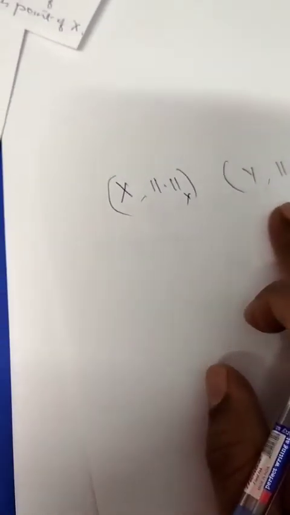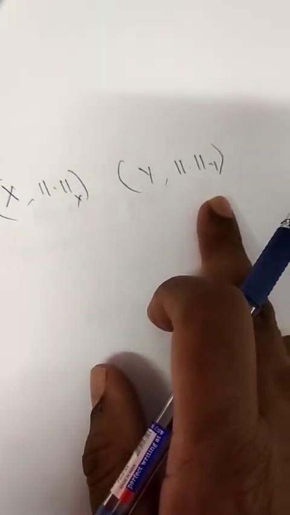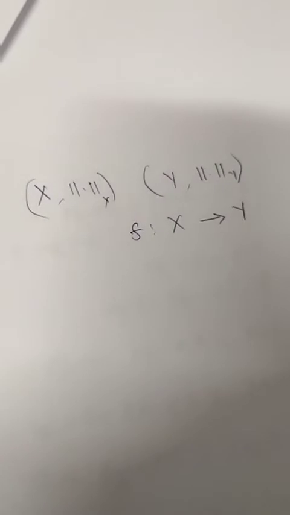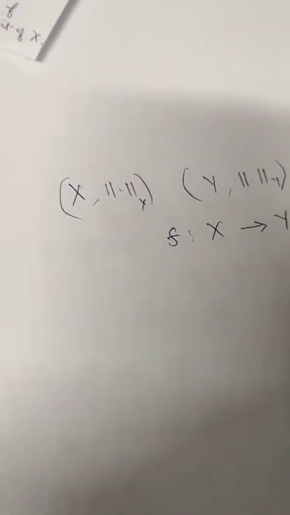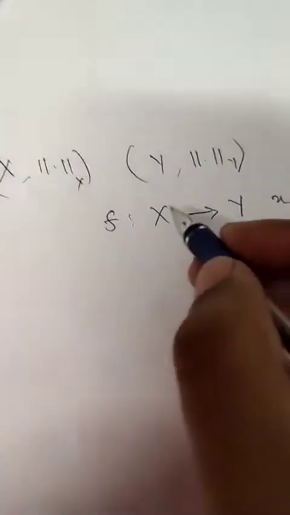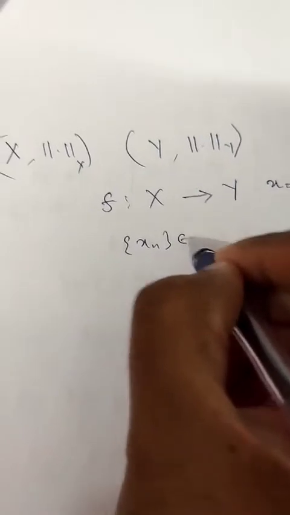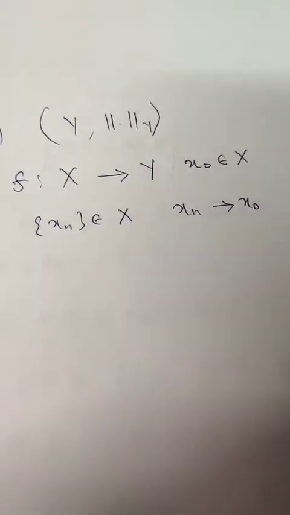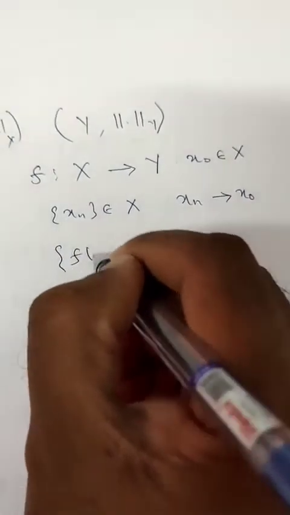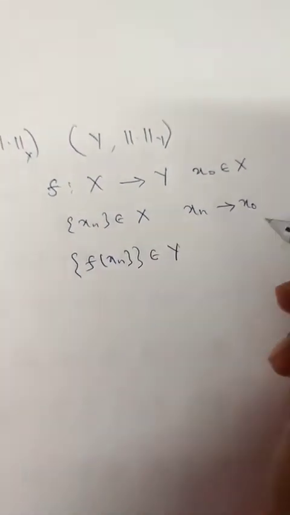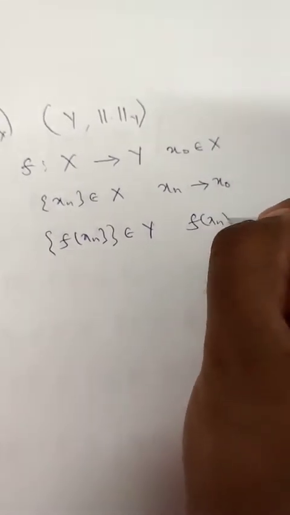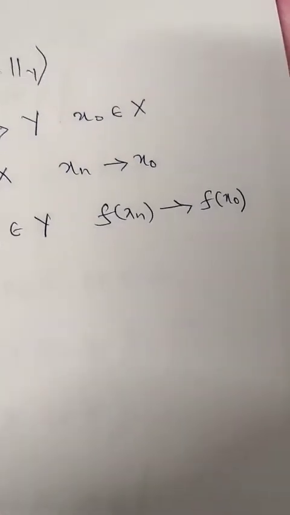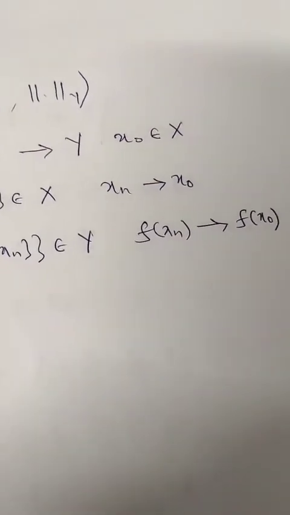A mapping f from x to y is continuous at the point x naught belonging to x if for every sequence xn in x converging to x naught, the sequence f of xn in y converges to f of x naught.